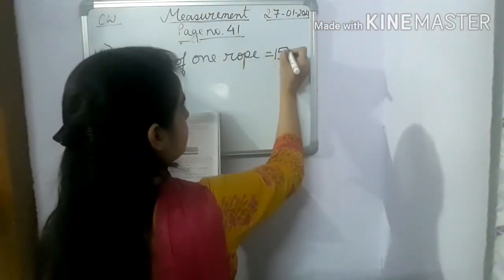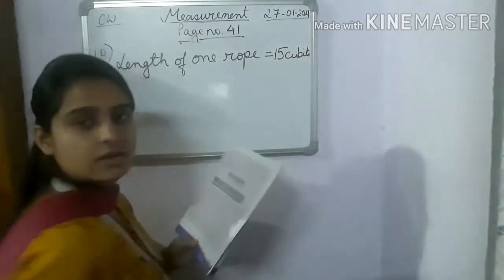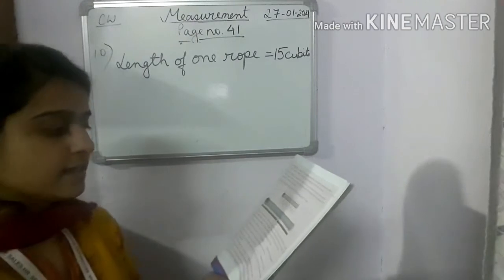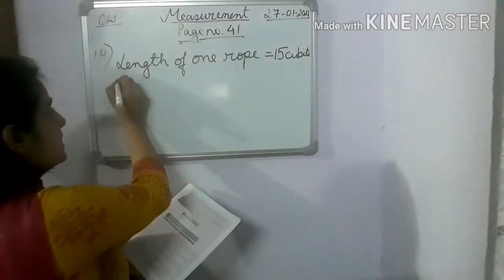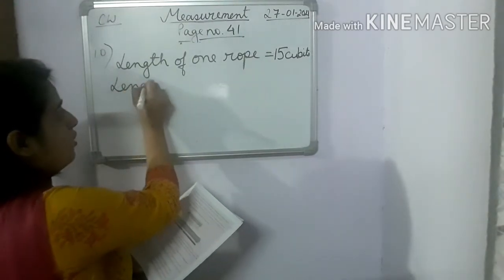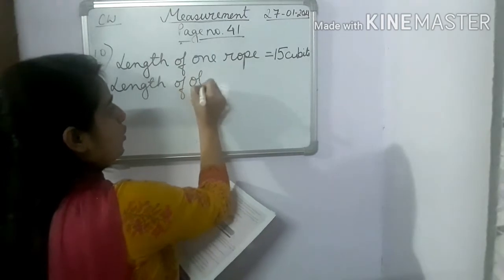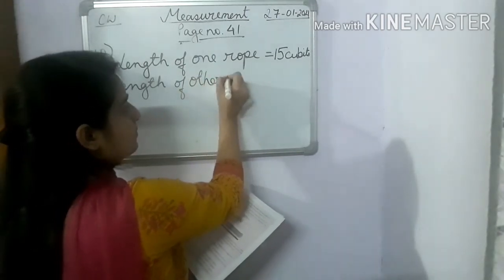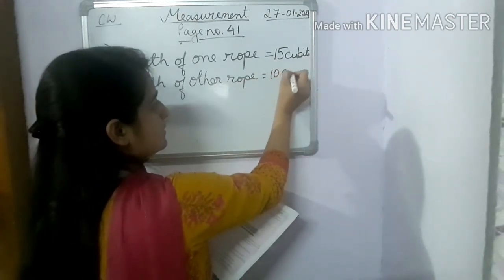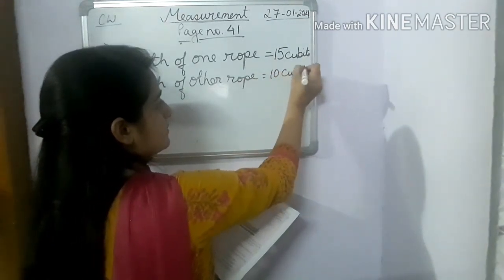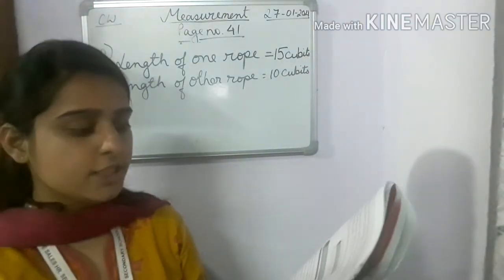Yes, 15 cubits. Next, and the other is 10 cubits. So let's write the next line. Length of other rope is 10 cubits. The length of the other rope is 10 cubits.